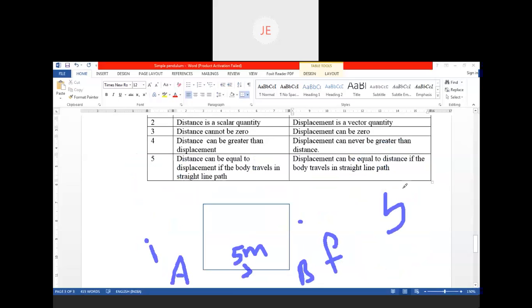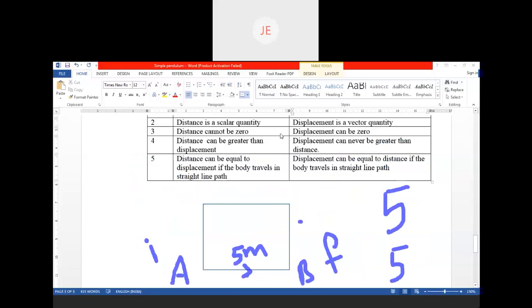Why? Because we have to always think about initial and final positions. Since AB is a straight line path, distance and displacement both can be equal. So we can conclude that if the body travels in a straight line path, distance and displacement are equal.